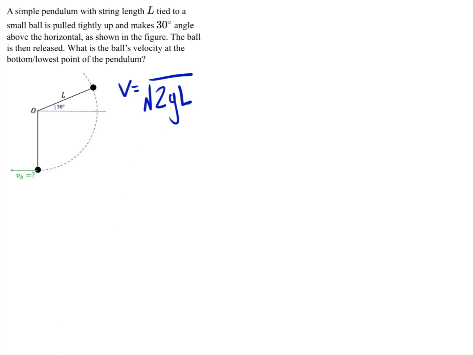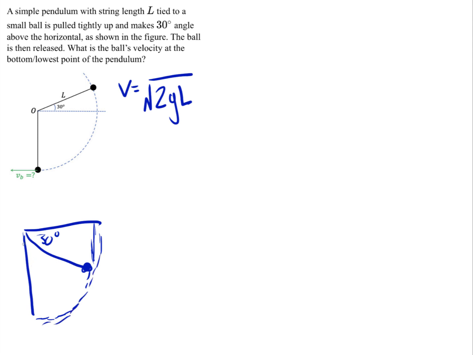Now for stage 2, this is going to be for when the ball has actually dropped past the horizontal. So this is our coordinate system. This is the 30-degree angle. And the ball is going to be here. From then on, it's going to be following this circular path instead of simply free falling.